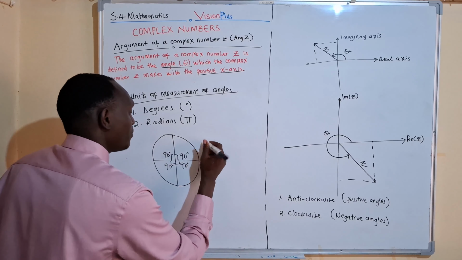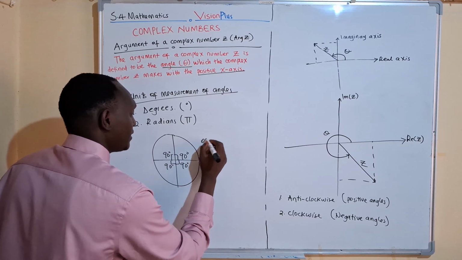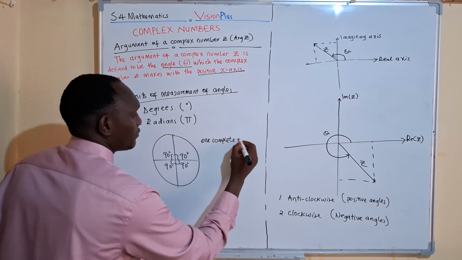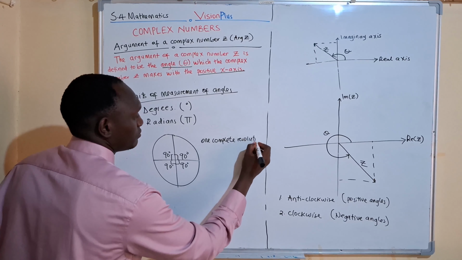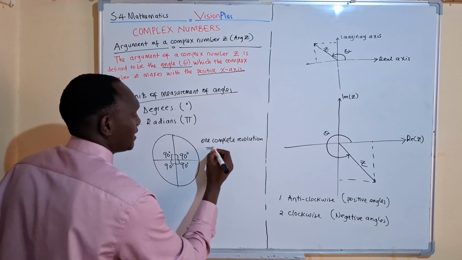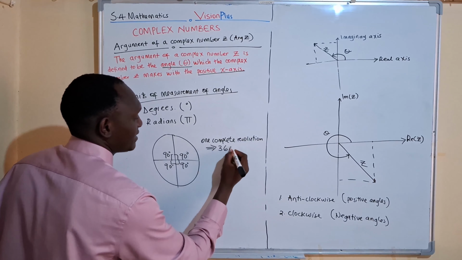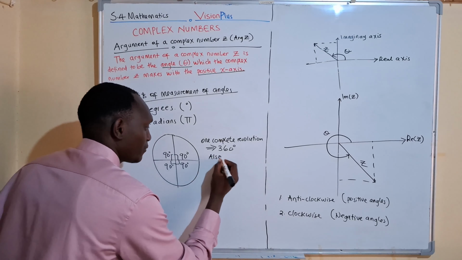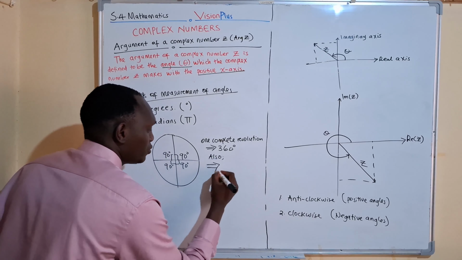So one complete revolution is equivalent to 360 degrees. Also, it is equivalent to 2 pi.